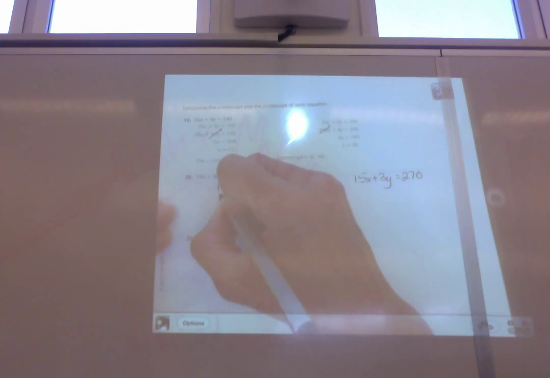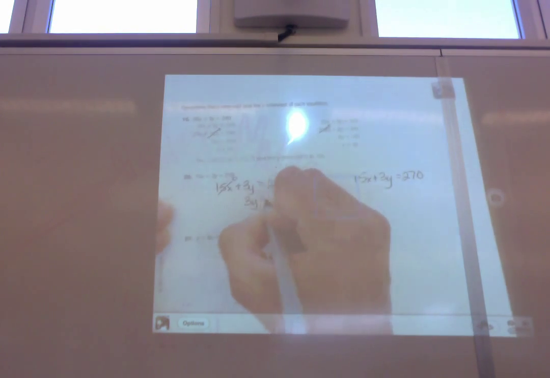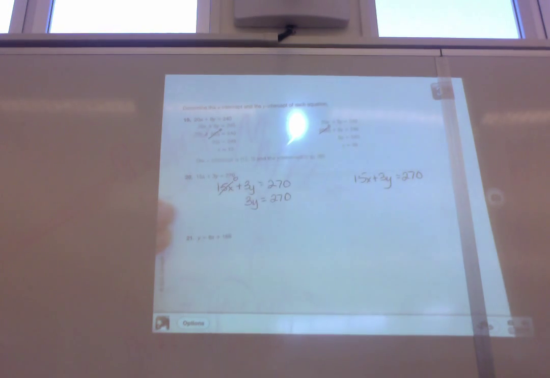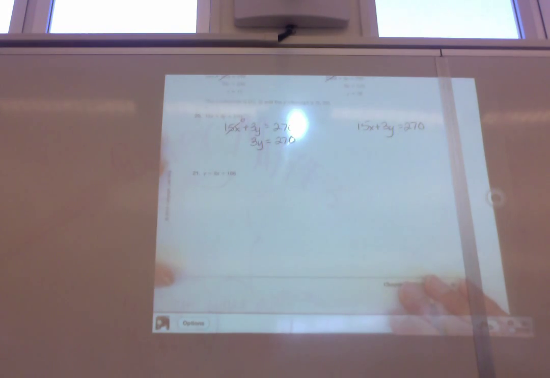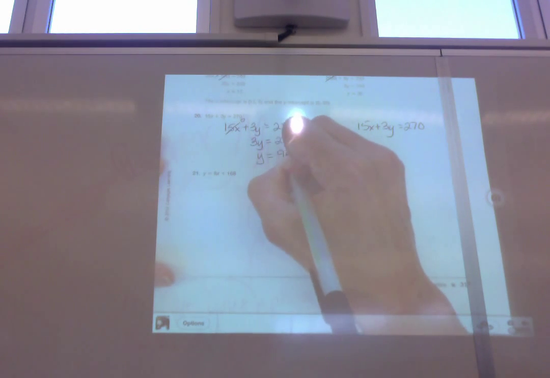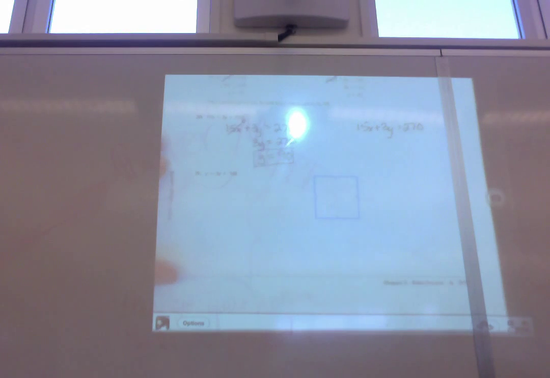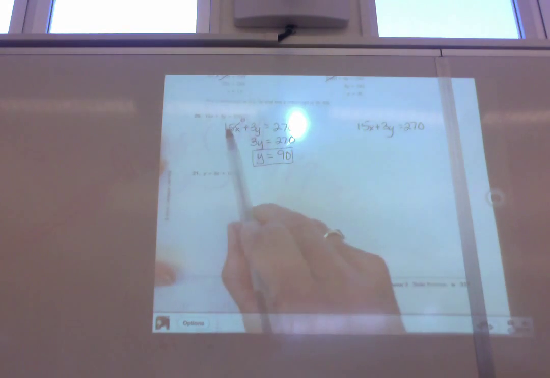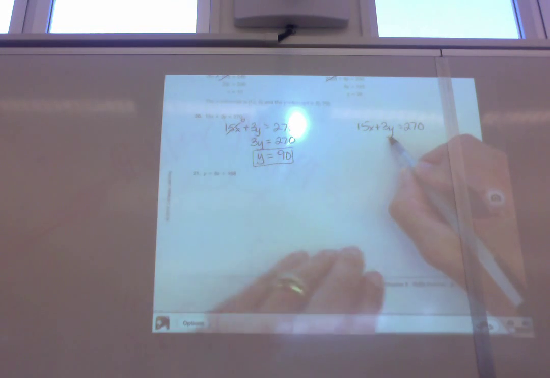This time I'm going to say let's let x equal 0. That means I'm really working with a smaller version of this equation. What kind of math do I need to do? Division. Divide by 3, y equals 90. That's the y-intercept. Now, over here, what am I going to do with this second equation?